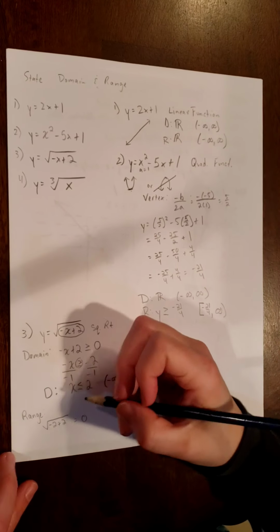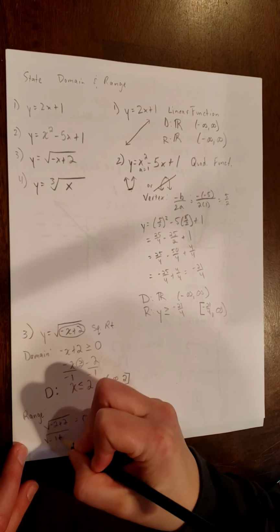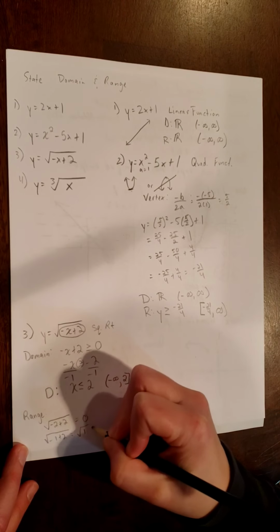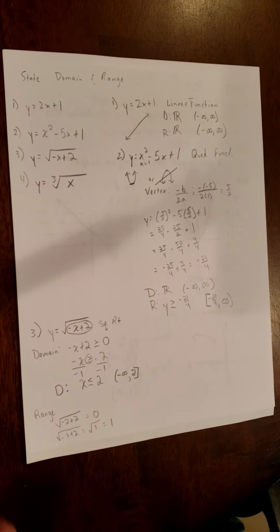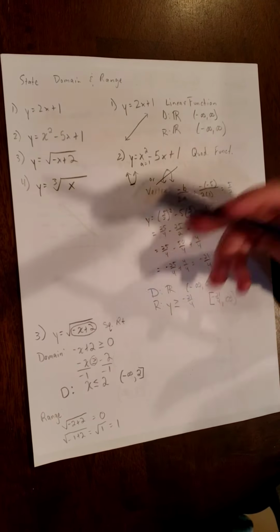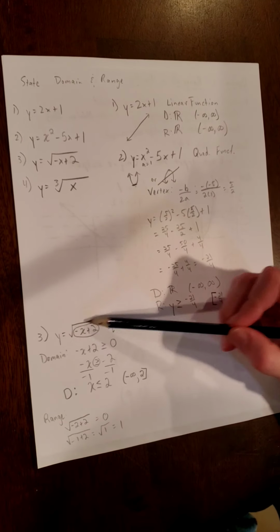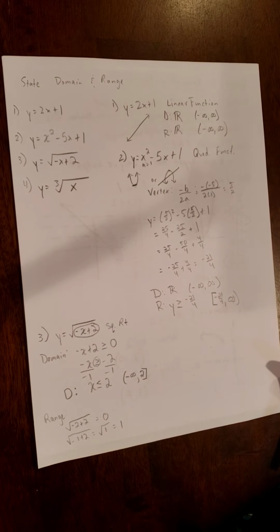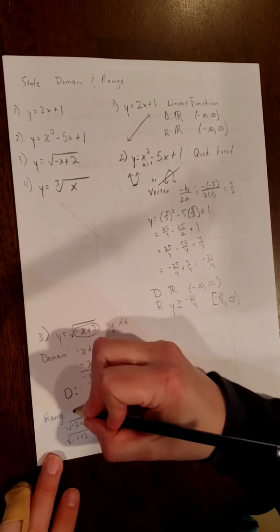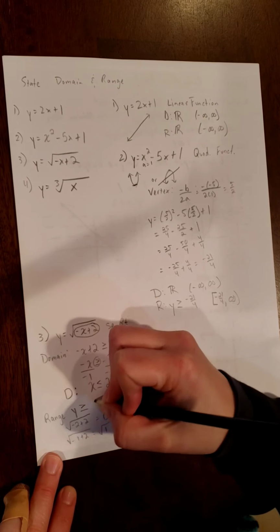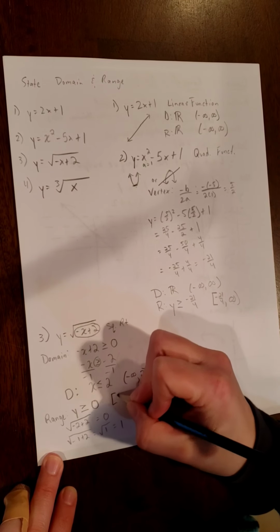Let's pick another number, 1. The square root of negative 1 plus 2, square root of 1, that's 1. If you think about this, we're going to take the square root of a value we know is going to be a real number. And when you take the square root of any value, it can't be negative. Therefore, the range here is y is greater than or equal to 0.